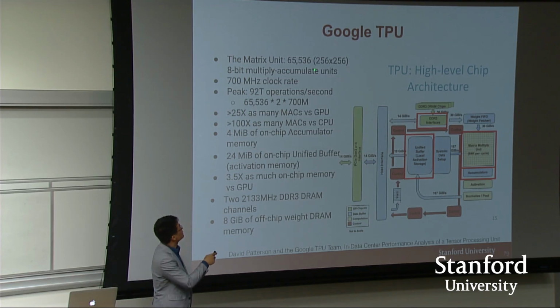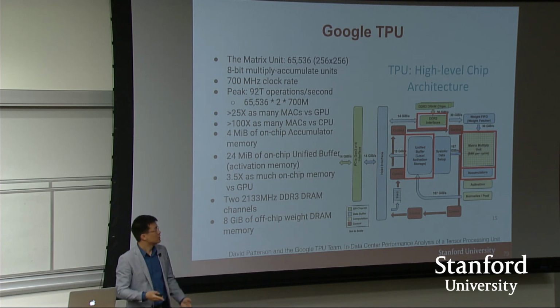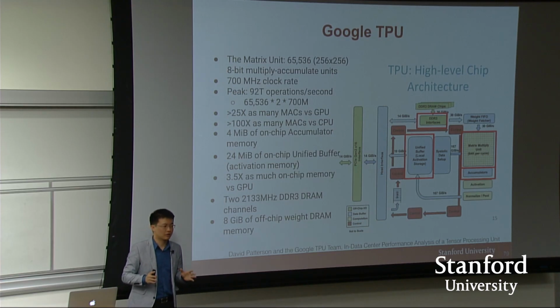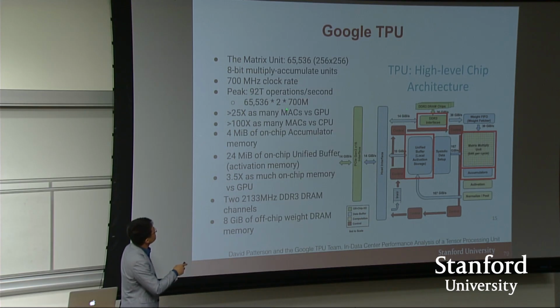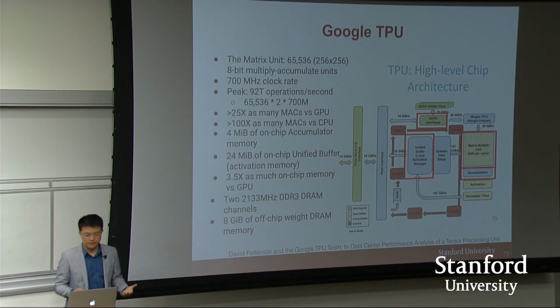It's a 256 by 256 matrix multiplication unit. So in one single cycle, it can perform 64 kilo multiply-and-accumulate operations. Running at 700 megahertz, the throughput is 92 teraops per second.